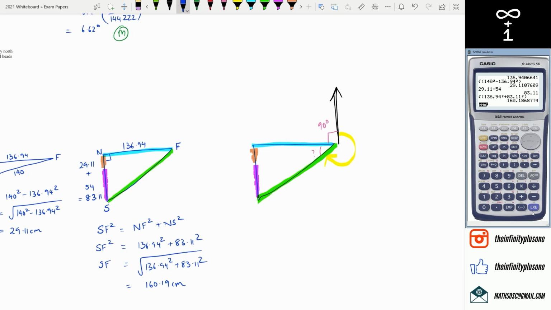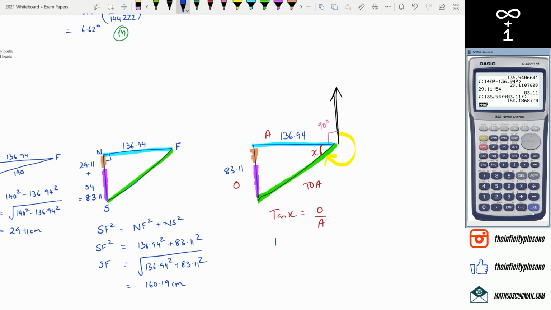Measurements, I already know what they are. I've got 136.94 and could use 83.11. You could use any one of these measurements. It doesn't really matter. So I'm going to use tan. So I'm going to use opposite and adjacent. I'm going to put this as x for now. So then I can say tan x is equal to opposite over adjacent, because this is TOA.